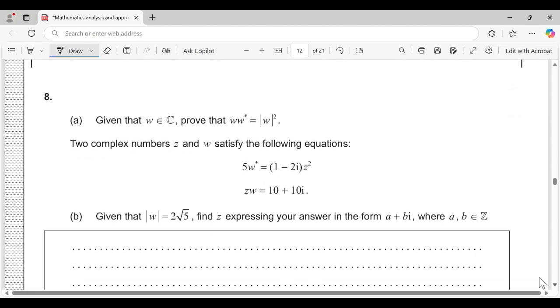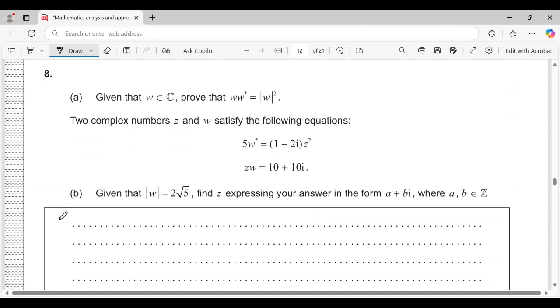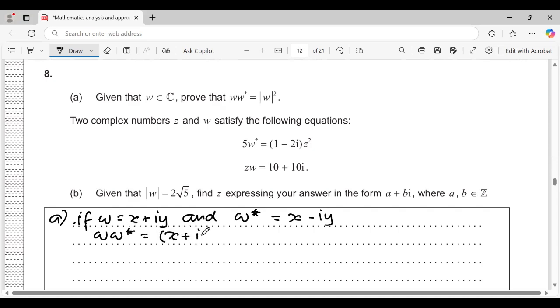We are going to prove: if W equals X plus IY and W conjugate equals X minus IY, so W times W conjugate equals X plus IY times X minus IY, which is going to be X squared plus Y squared, and it is modulus W squared.